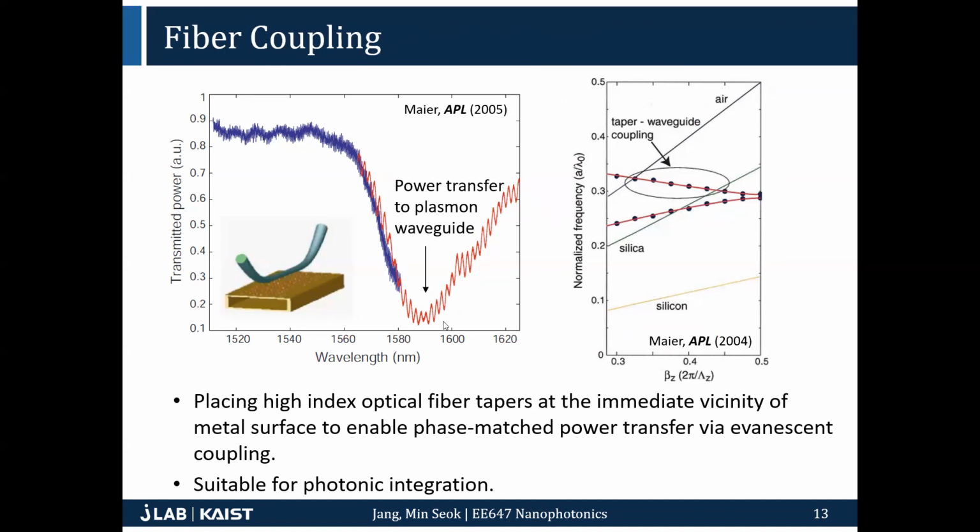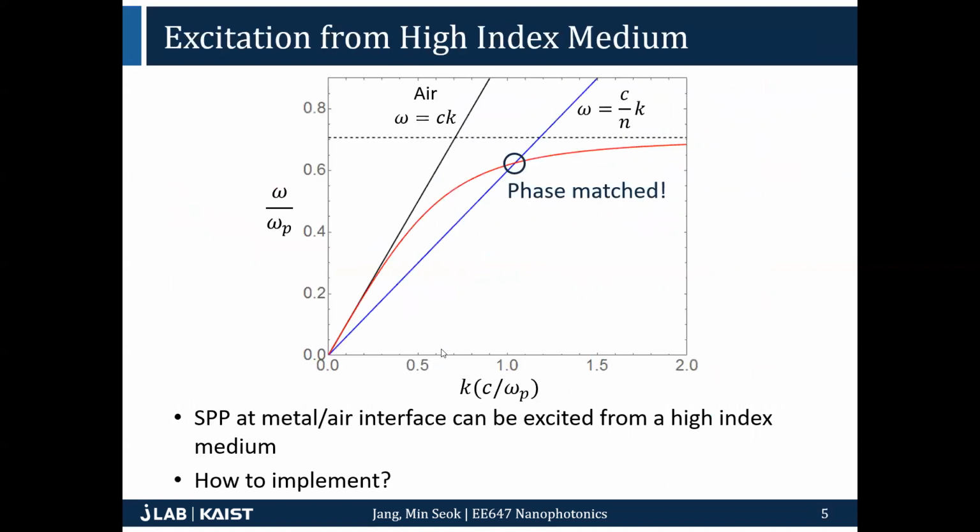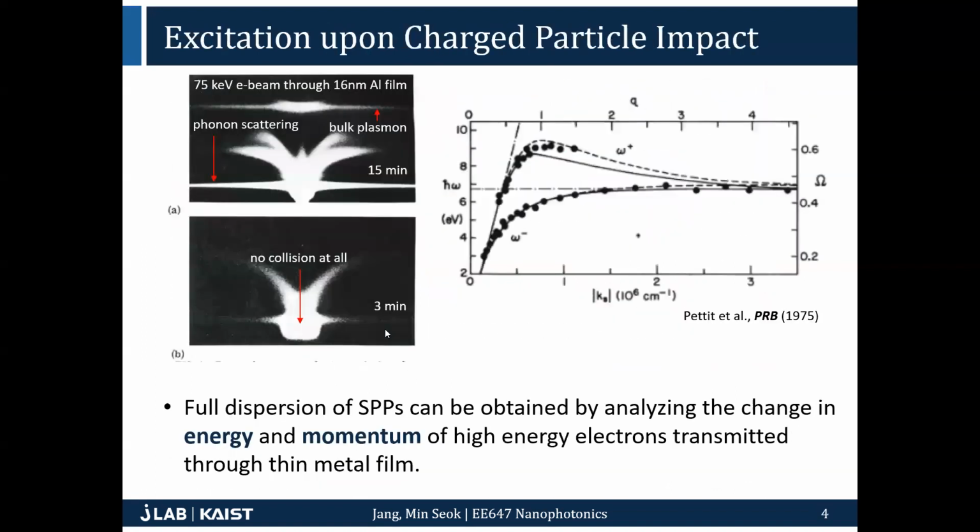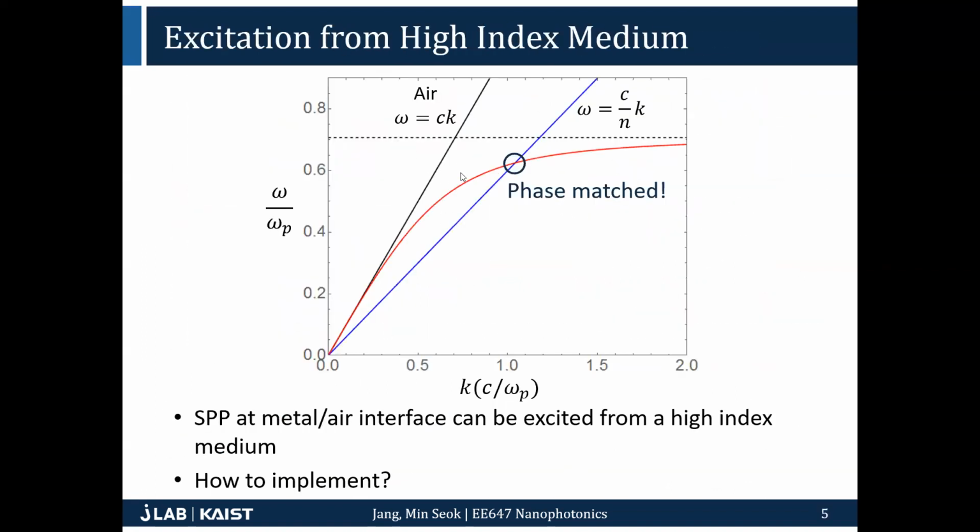So same technique. We began with this problem, the phase mismatch between the free space light and the surface plasmons, and we introduce a high index medium to solve this problem.